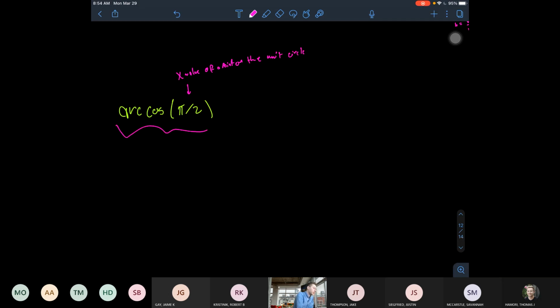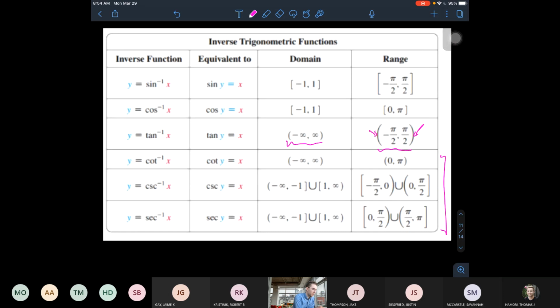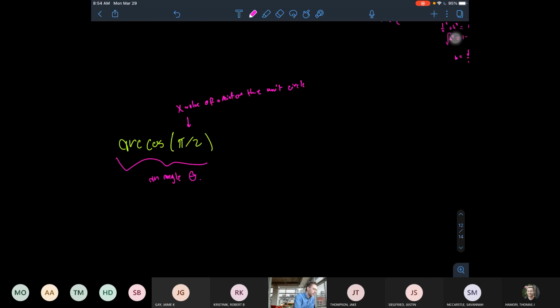And the output of this function should be an angle theta. So I'm already a little bit confused because the input kind of looks like an angle. Okay. In fact, here's what we can say. We learned already that the domain of the cosine inverse function is -1 to 1.